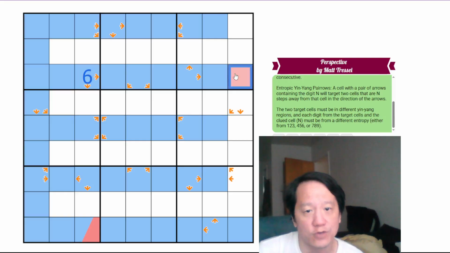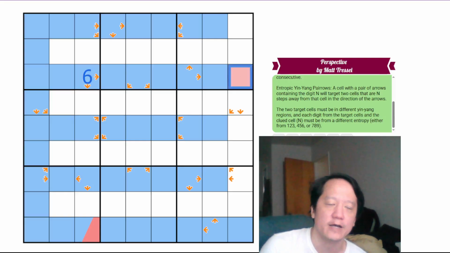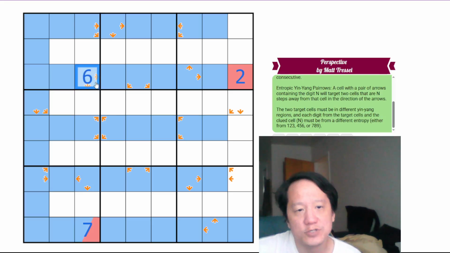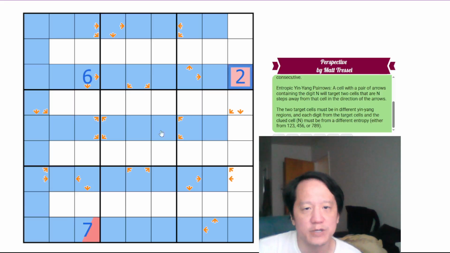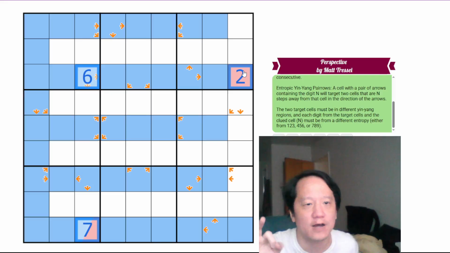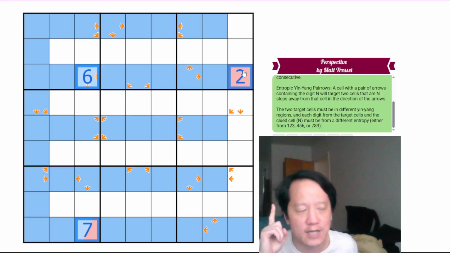So this could work very well if, say, we had a 3 or 2 here, and let's make this a 7. So 6 cells away in both directions must be, first of all, these two must be different yin-yang shadings. And then for these 3 cells, we have to have one from each entropy set.